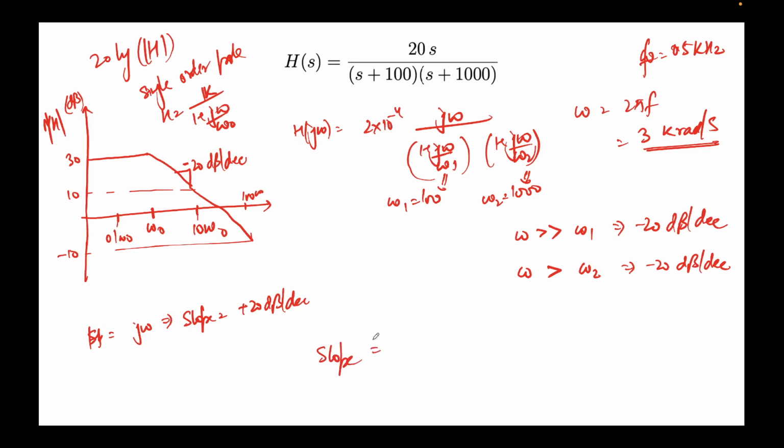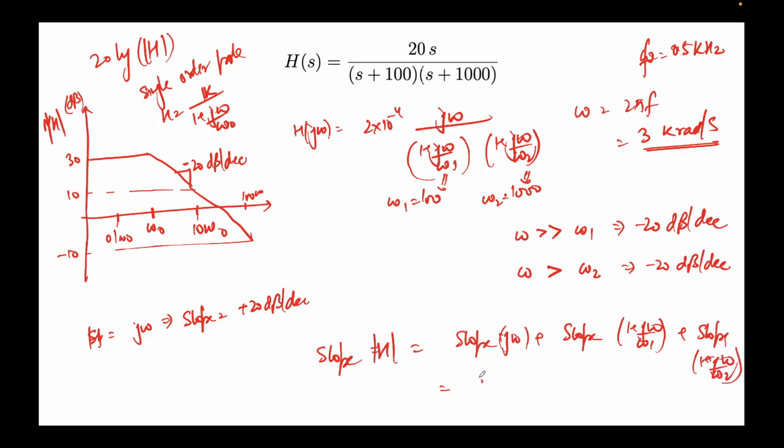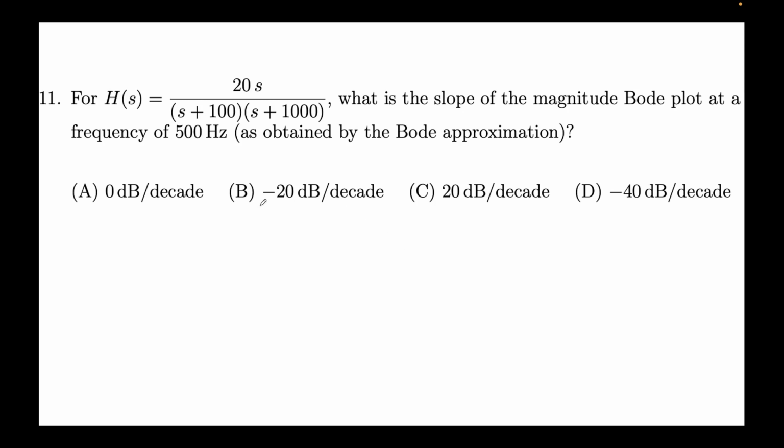So slope of mod h will be equal to slope of j omega plus slope of 1 plus j omega by omega 1 plus slope of 1 plus j omega by omega 2, and at this frequency, this is plus 20, this is minus 20, this is again minus 20. So overall it will be minus 20 dB per decade, which is option B.